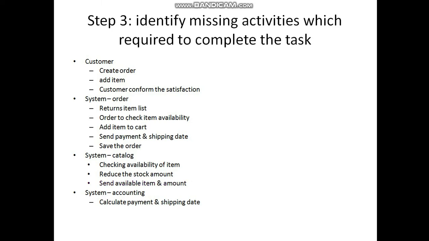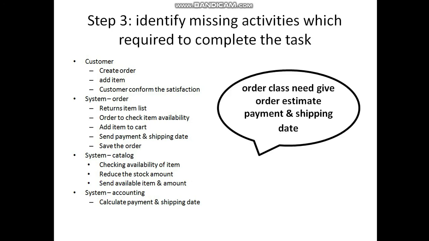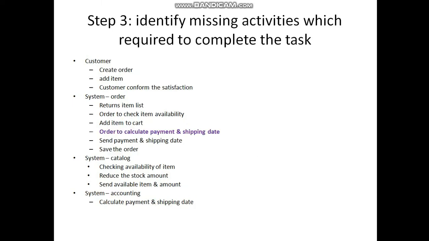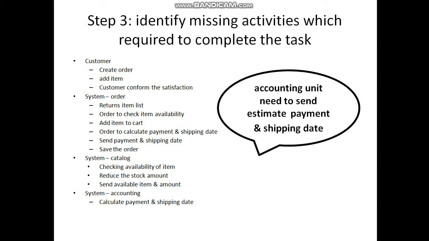After the system adds the available item and amount to the cart, the system needs to give an order to calculate possible shipping date and payment. Because of that, I add a new activity under order system: ordered to calculate payment and shipping date. Then that data is sent to the order system by the accounting unit.